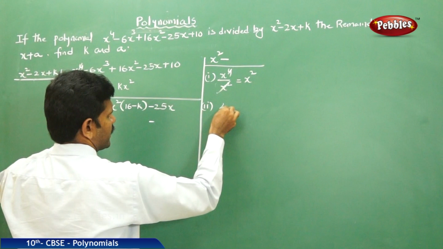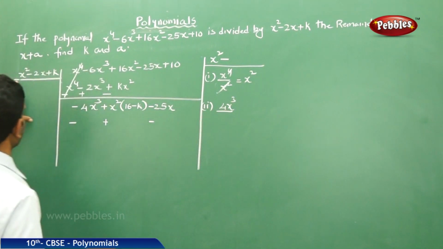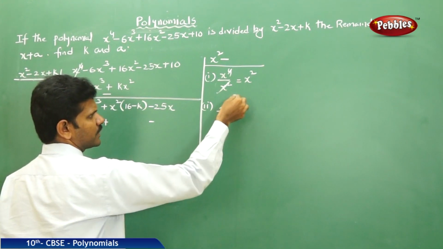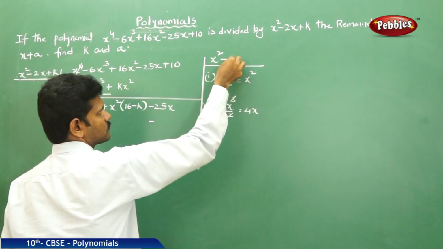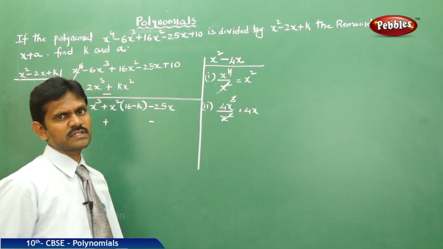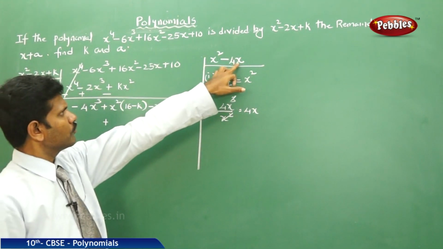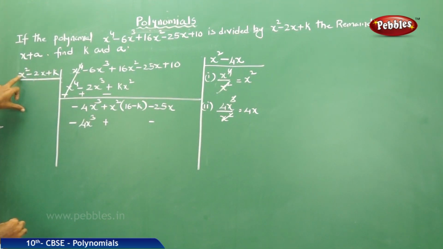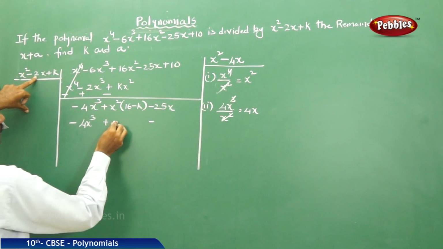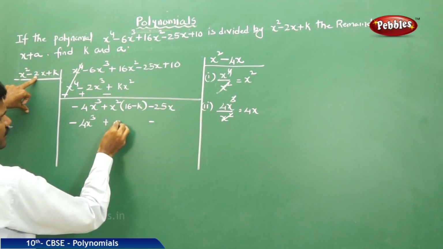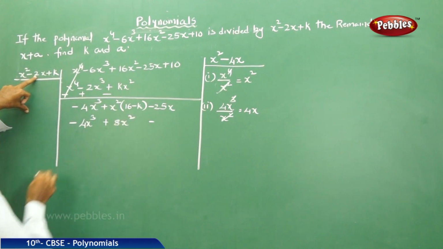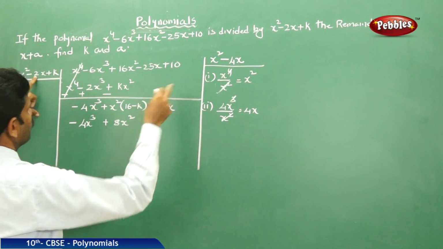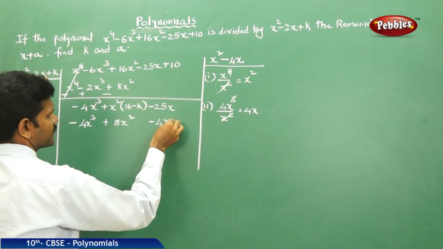Now 4x^3 by x^2, x^2 gets cancelled, 4x is left. Now again multiply your divisor with this 4x: 4x into x^2 is 4x^3, next 4 twos are 8x^2, and next 4x into k is 4xk.